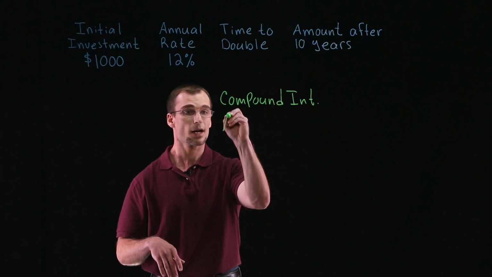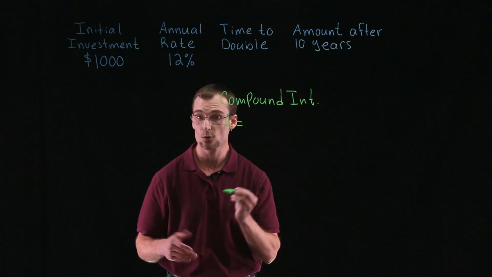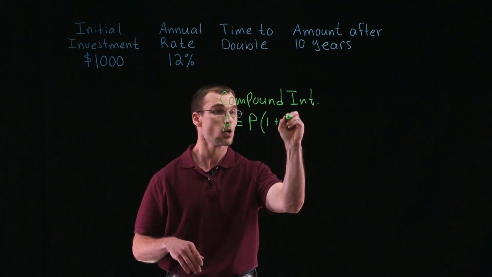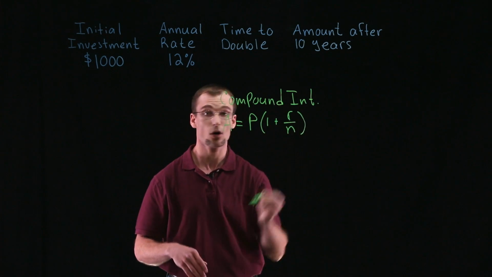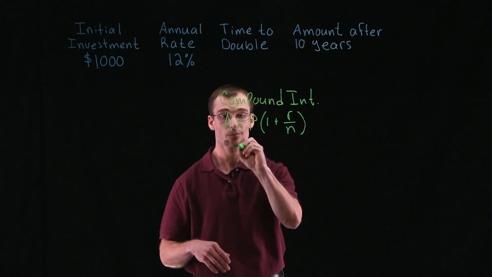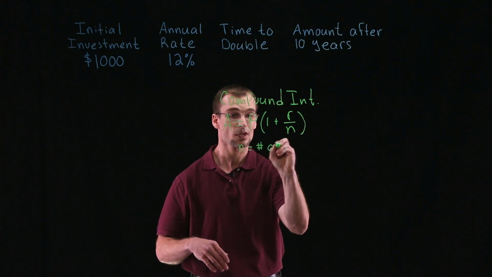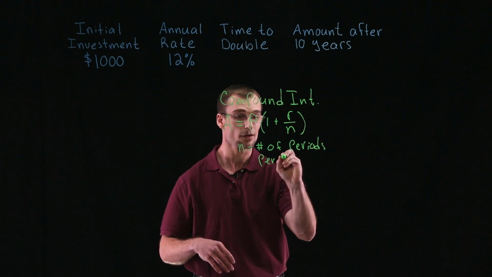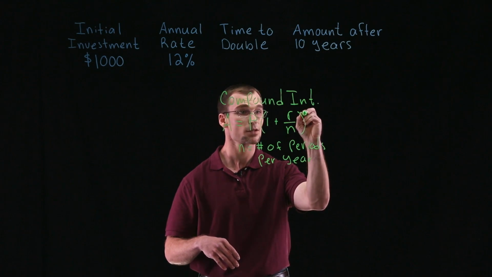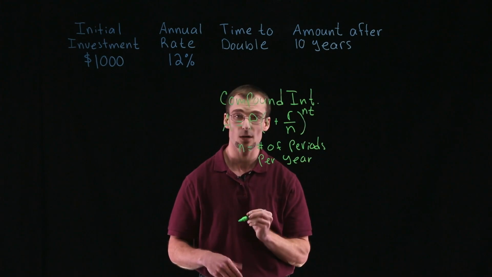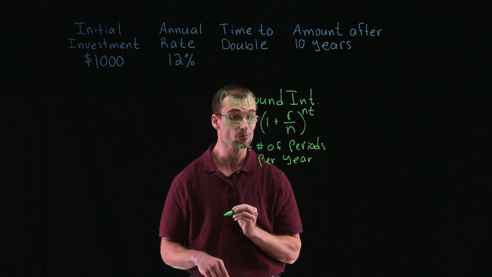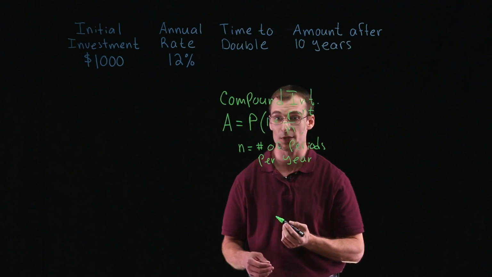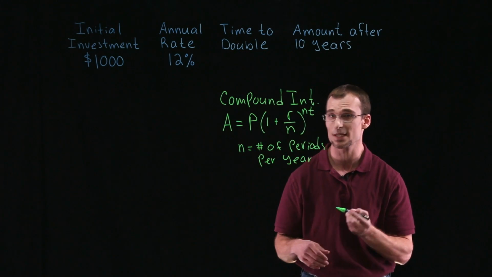You may recall a compound interest formula looks something like this: A, which is a future amount, is equal to some initial amount, or principal P, times the quantity 1 plus r over n, where r is our annual interest rate and n is the number of periods per year that we're compounding, all raised to the n times t power, where t is usually time in years. This is if you're compounding only a certain number of times per year, say quarterly, 4 times per year, or monthly, 12 times per year, but we're compounding continuously.